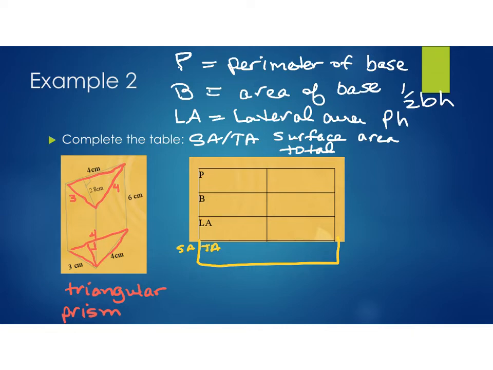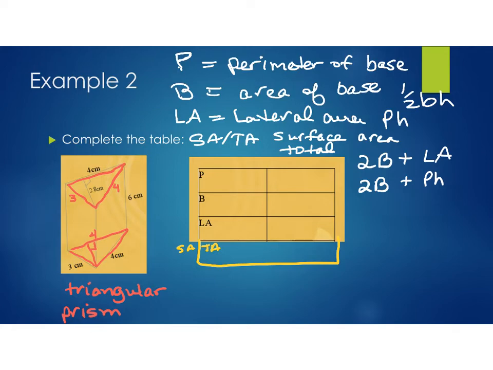And that formula, because it's a prism and there are 2 bases, is 2 times the base area plus the lateral area, or you could memorize it as 2 times the base area plus perimeter times height. So let's go through and figure out each one of these rows.